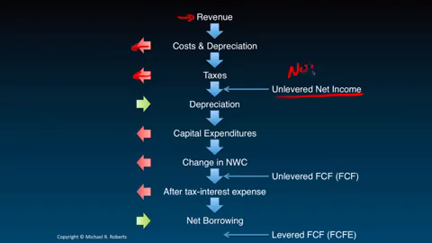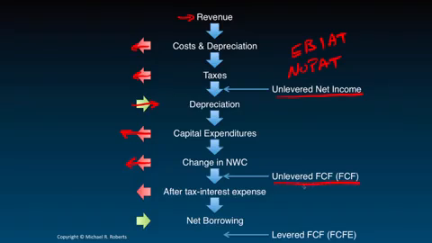This is our NOPAT or our EBAT. Then we're going to add back in the depreciation because it's a non-cash expense. And again, that could be depreciation and amortization. We're going to subtract off our capital expenditures, our investment requirements. We're going to subtract off our investment in net working capital, the change in net working capital, and that's going to give us our unlevered free cash flows.